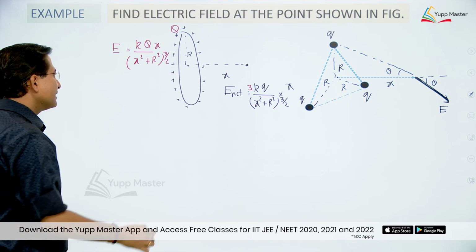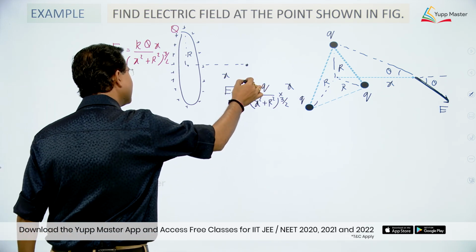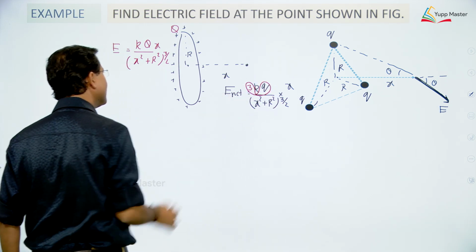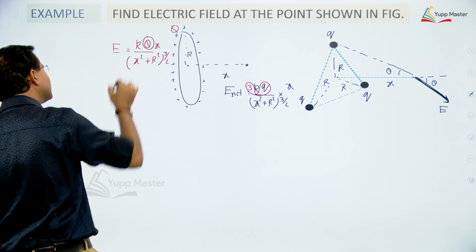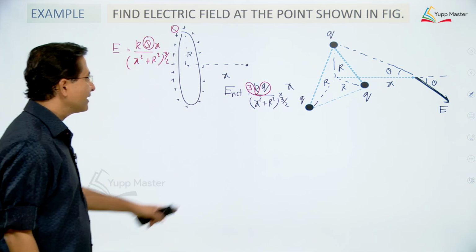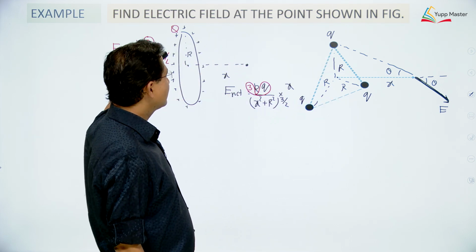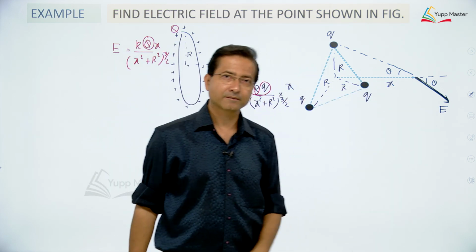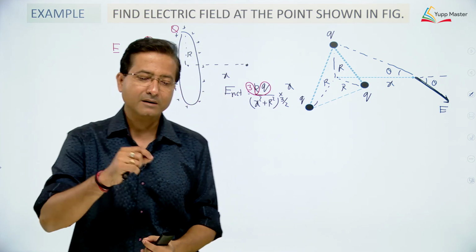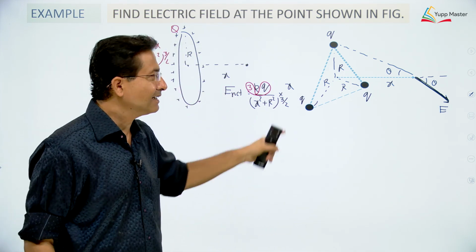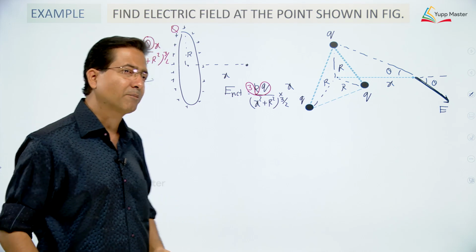So, you can see 3q is replacing this q. So, I can write that whatever be the total charge in this place and I will directly get the same expression. So, if you remember the result for the ring, you can easily get the result for all these types of cases.